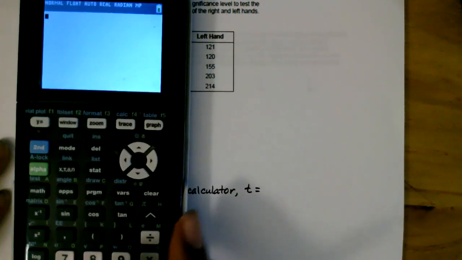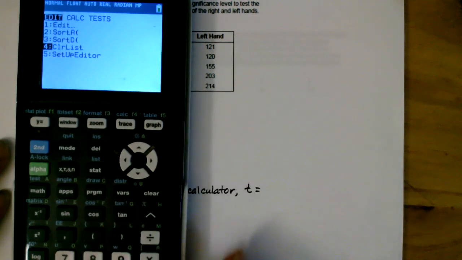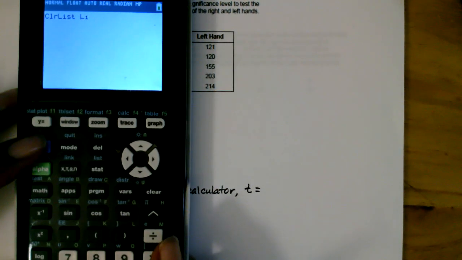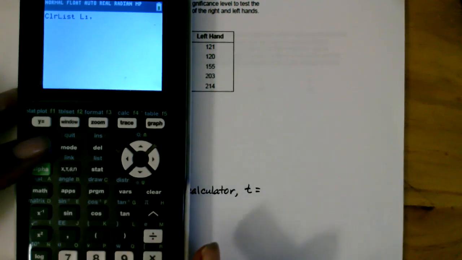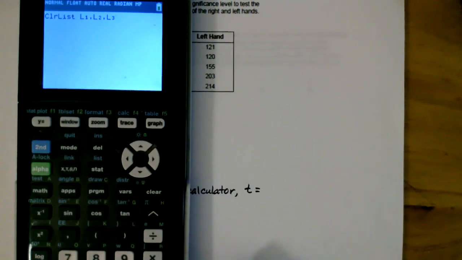I'll clear the screen, press the Stat key, select number 4 to clear the list. And then I'm going to do second L1, comma, second L2, comma, second L3 to clear the list. And that's done. When you press enter, you'll get the message that says done.